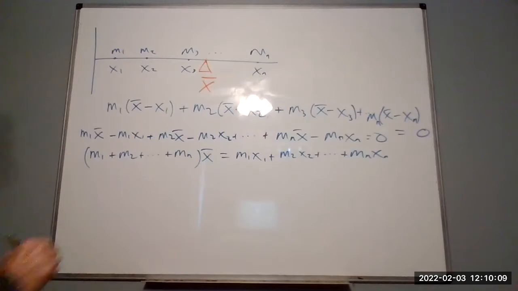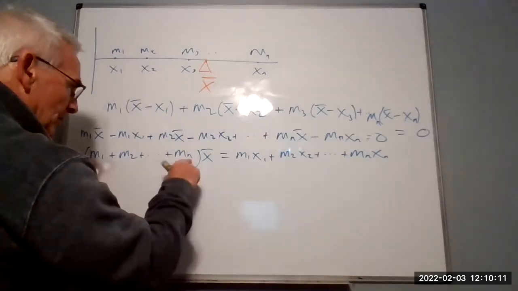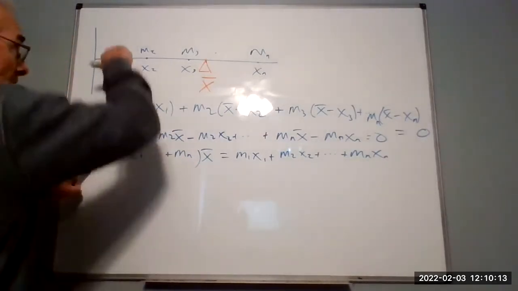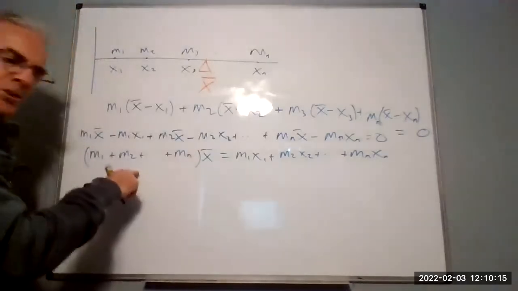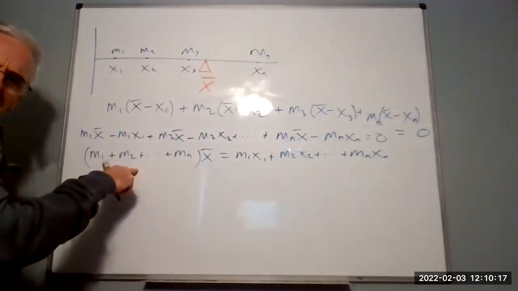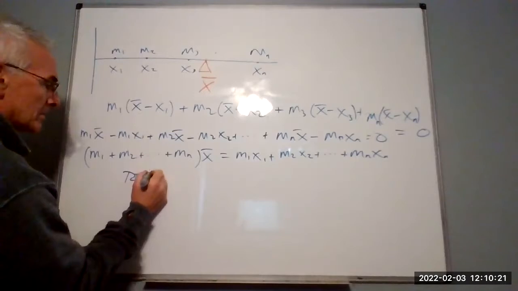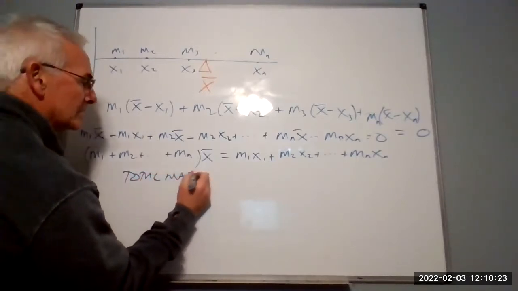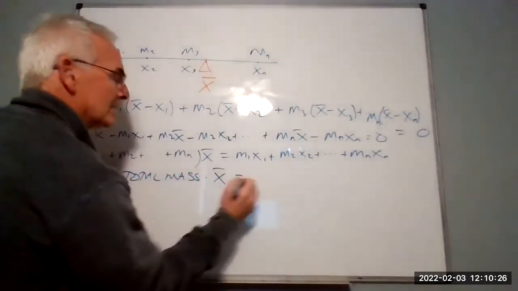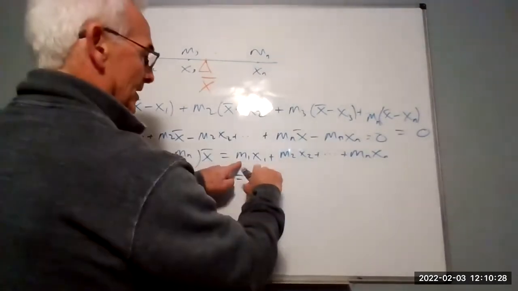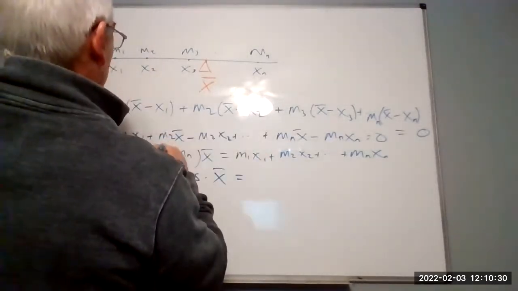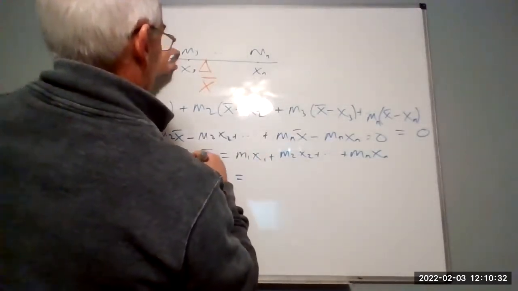Now, look at that quantity right there. The sum of all the little m's, isn't that the total mass? That's the total mass. So I'm going to put total mass times x bar. And what do I have on the right-hand side? Well, m1 x1 is that moment, plus that moment, plus that moment.